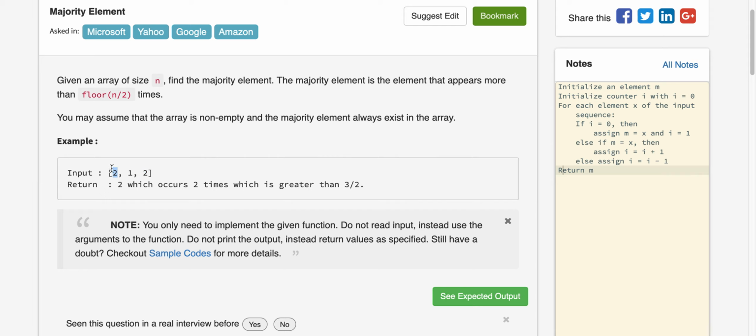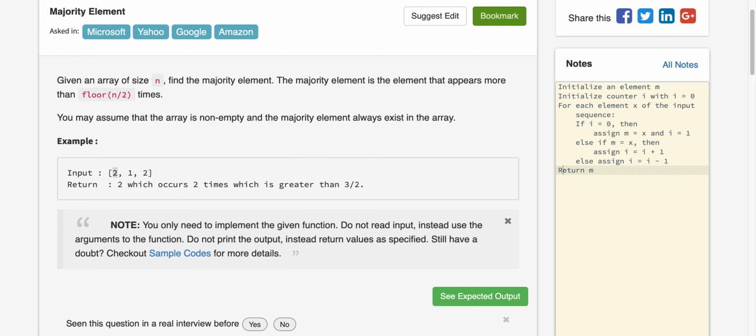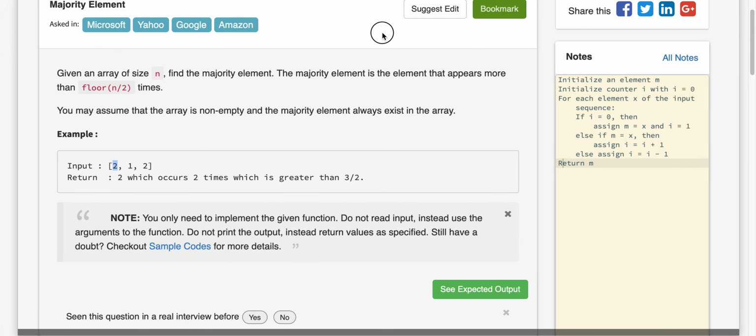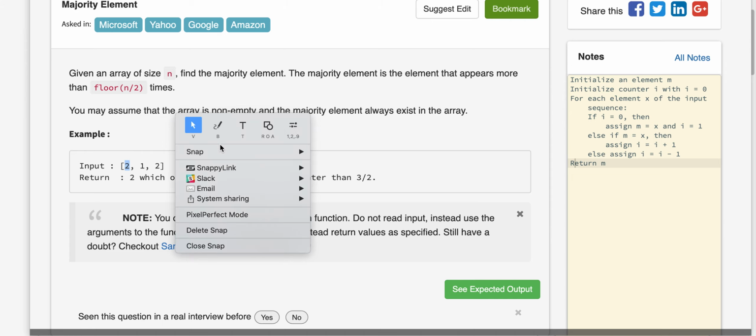I will start with 2, and then I will count how many times 2 happens. So let's see how it goes.